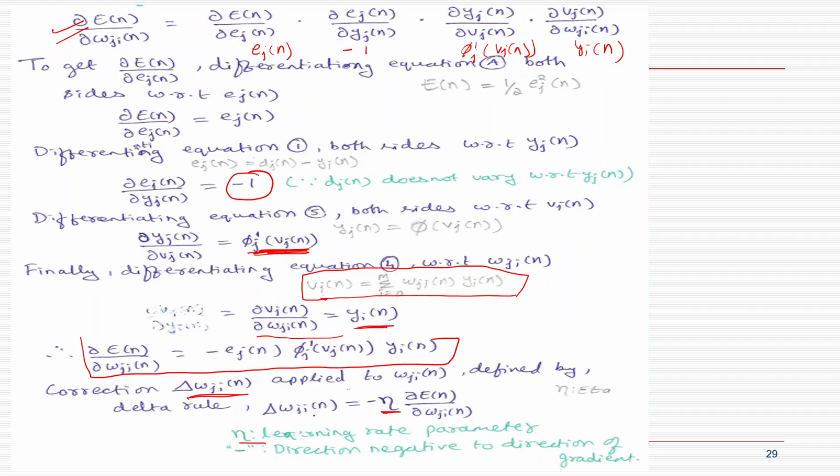Therefore, our updated weight, the delta weight that we have to apply to the old weight, is given by minus of eta, the learning rate, multiplied by dou E of n by dou Wji of n.